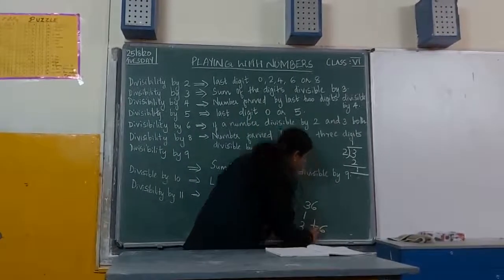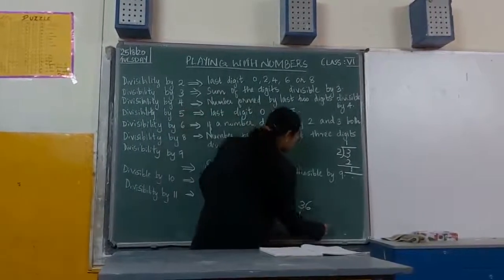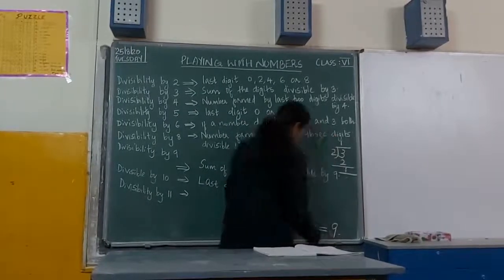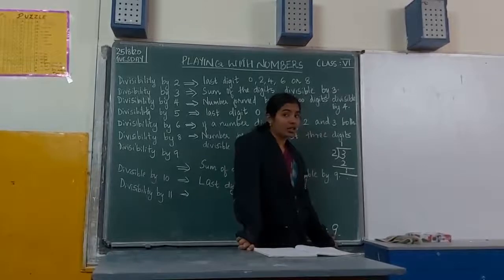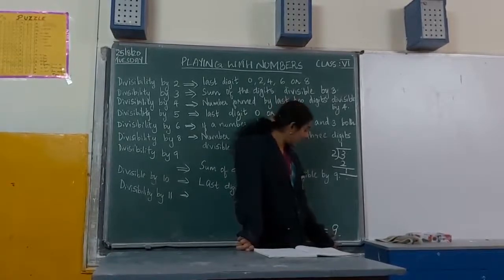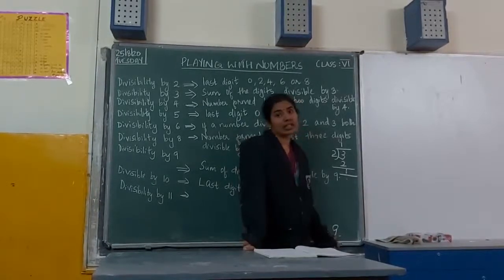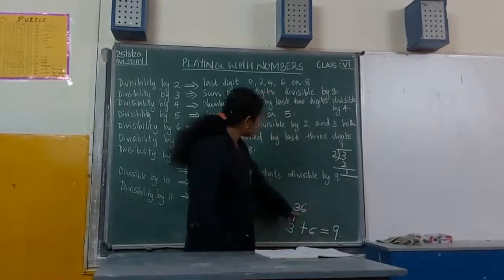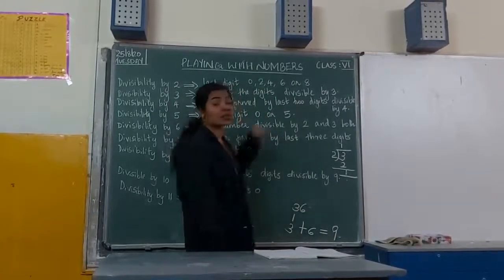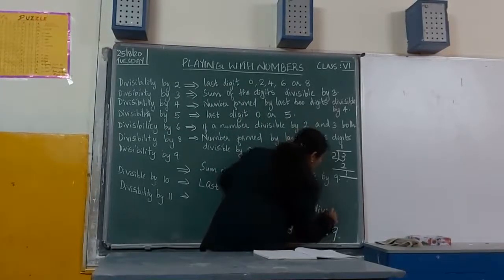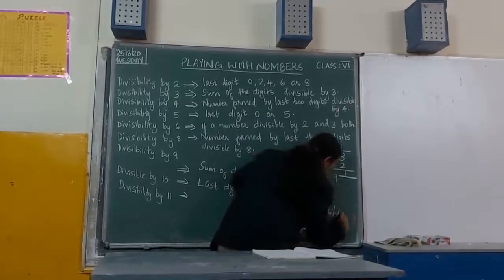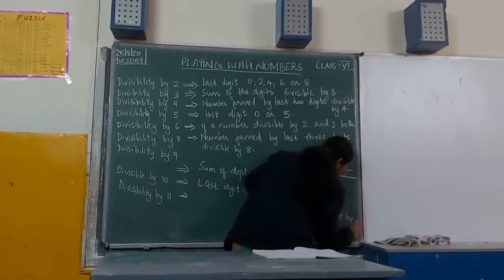Add them. What will you get? 9. You know 9 is a multiple of 3, or we can say 9 is divisible by 3. So 36 satisfies this divisibility rule. So we can say 36 is divisible by 3.